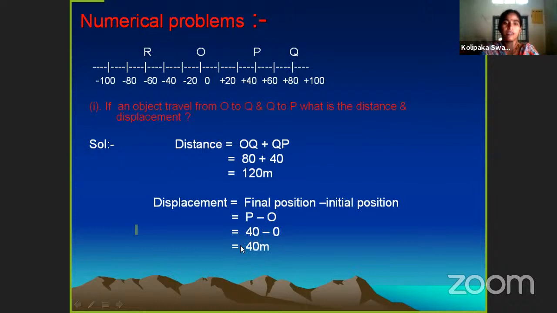This is the displacement in meters. We measure in centimeters and meters. See, observe this: distance value is 120 meters.